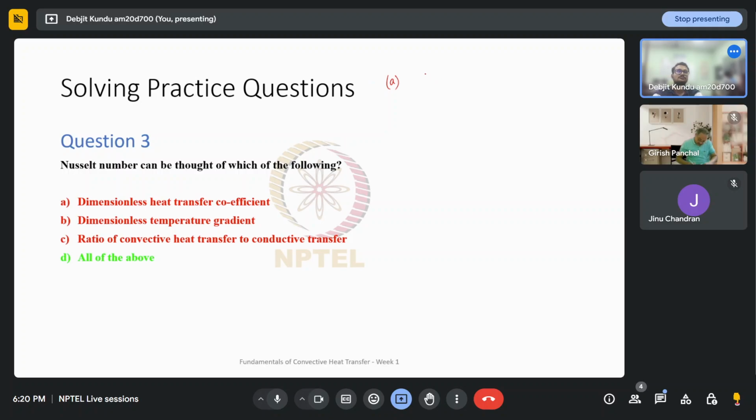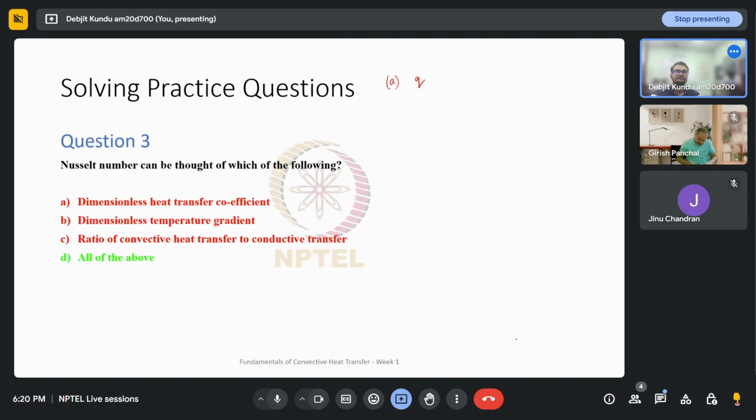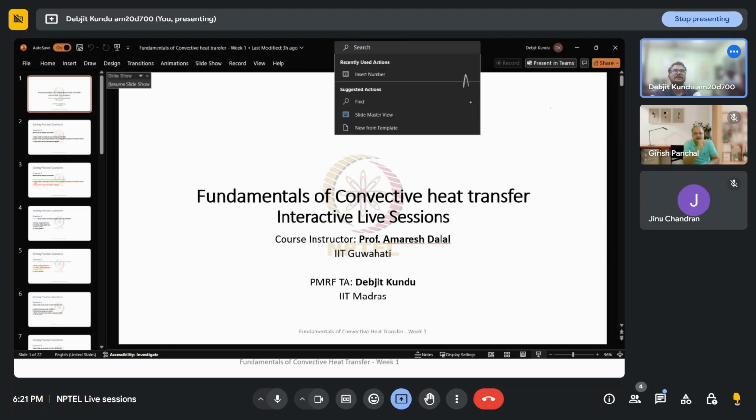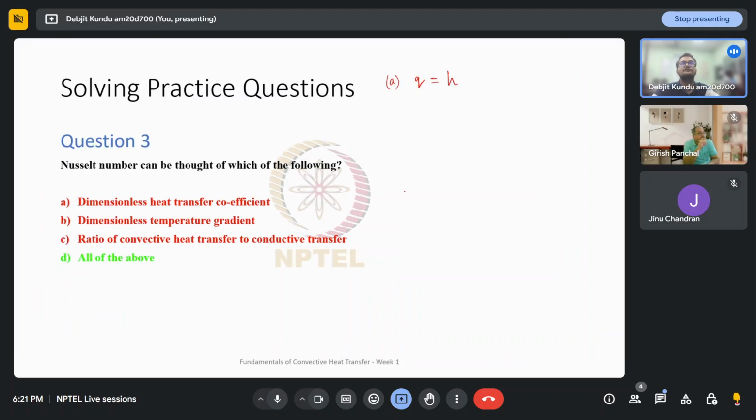So that's true because we can write this heat transfer per unit area, or let's say heat transfer for that matter, as H into A into T minus T infinity.